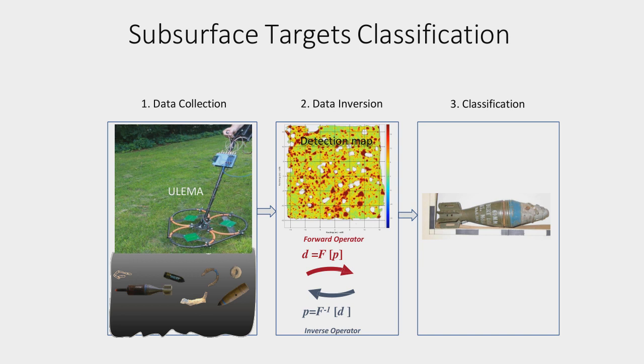As the next step, we have to take this data and apply algorithms, process this data and extract target feature parameters to make a classification, to identify which are clutter and which are unexploded ordnance. This will require very robust models that capture all characteristics of the object and then extract target parameters from data.